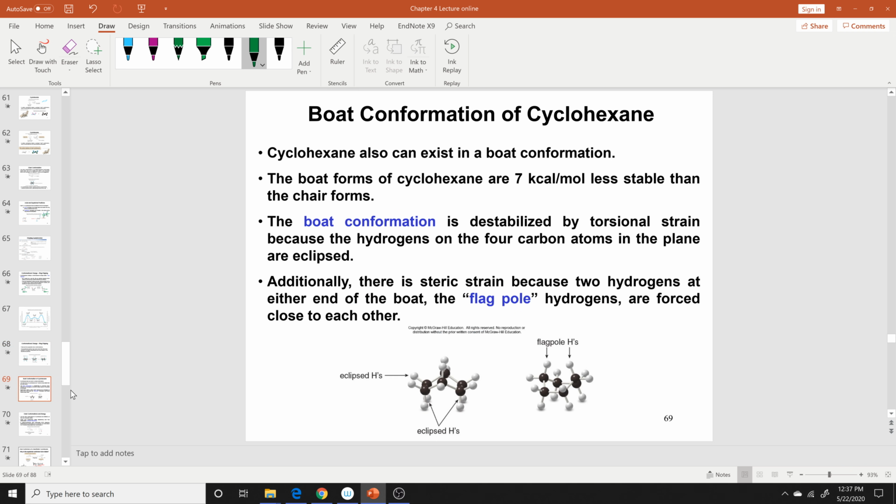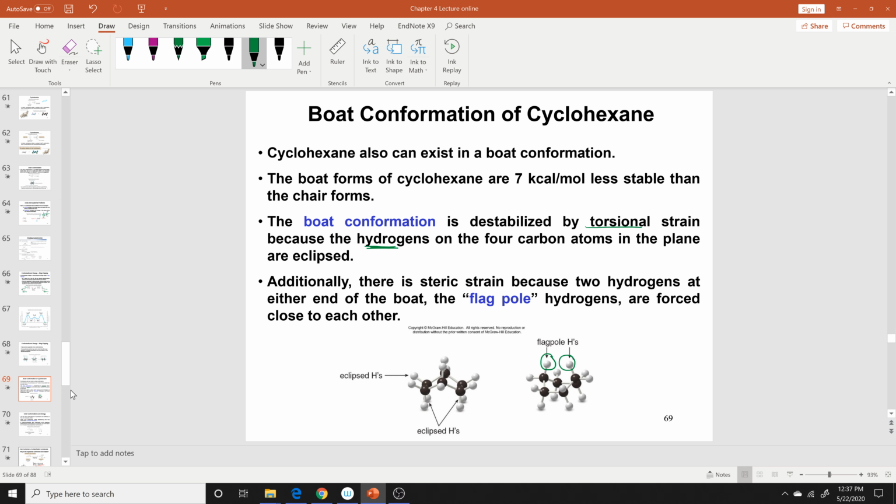So as I'm showing over here in this slide, cyclohexanes, they do exist in a boat conformation, and if you build a molecular model for the boat conformation, it's not stable. The reason why it is not stable is because you do have torsional strain, because you do have hydrogens on the 4 carbons in the plane that are eclipsed. See those hydrogens here? We call them flagpoles. These hydrogens basically are eclipsing each other.